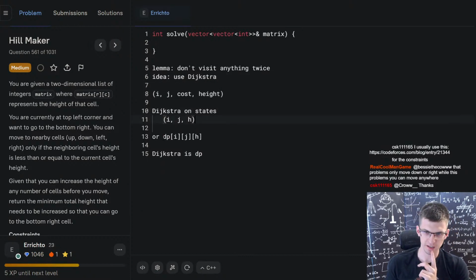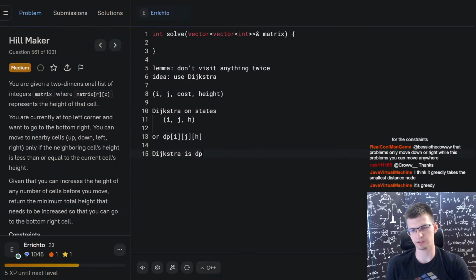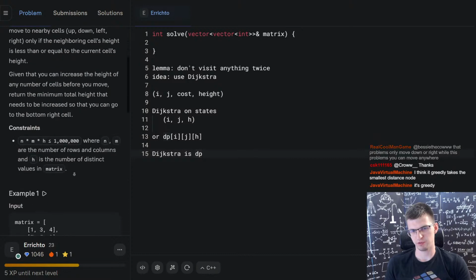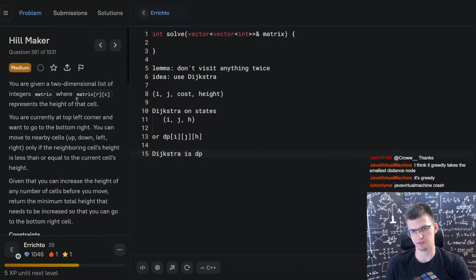Okay, can I do it with DP without some priority queue for Dijkstra? Sometimes we'll use the same height. That's ugly. If we could only use to a lower neighbor, it would be something like this.